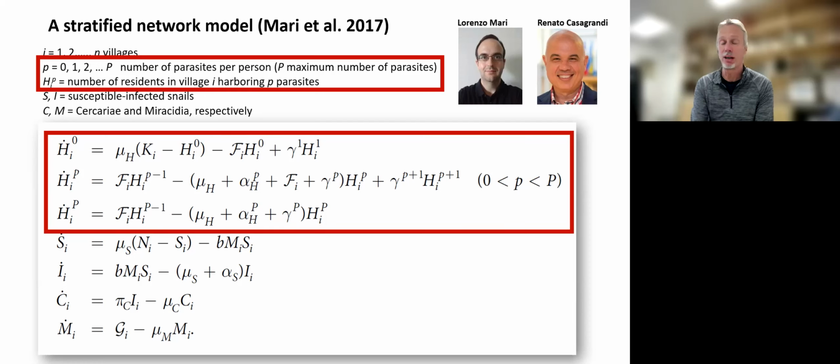And this is really important because this is a big difference with respect to other types of viral or bacterial disease. For instance, here, the number of parasites per host makes a huge difference in terms of pathology.